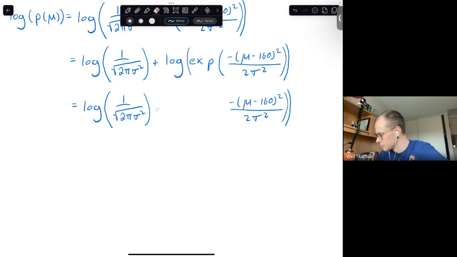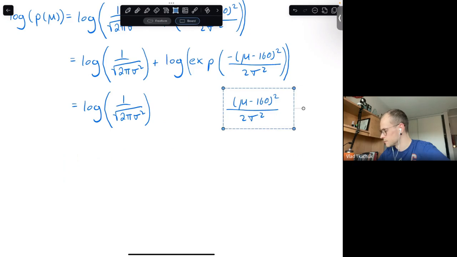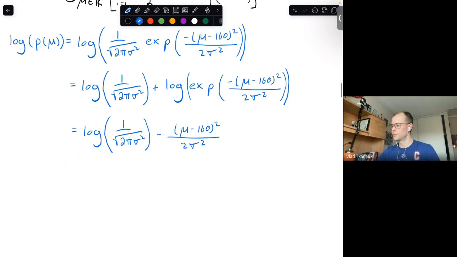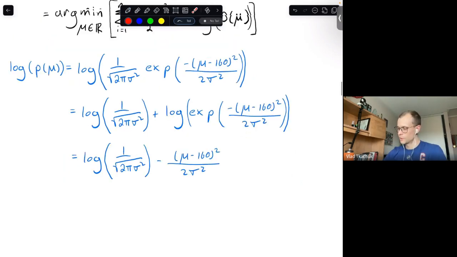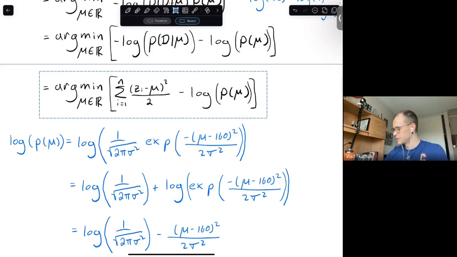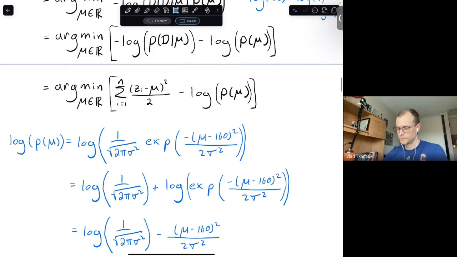This plus will become the negative here. We don't need these two brackets. And we get this. Okay, so this is hopefully much simpler. I mean, you can actually see the explicit dependence on mu here. Great. So we return back to minimizing this, and we plug this back in.